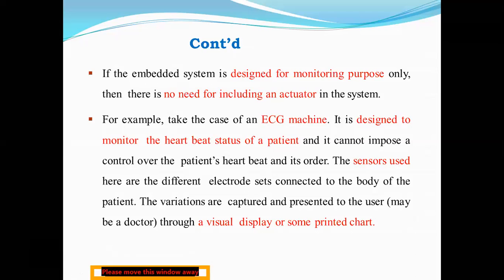So here the input is physical, and whatever input you are getting, the electrode sensors will convert it into an electrical signal. And that signal is given to the monitoring device, like a display device, which will show you the heartbeat of a person. So the sensor basically sends data based on the surrounding environment.